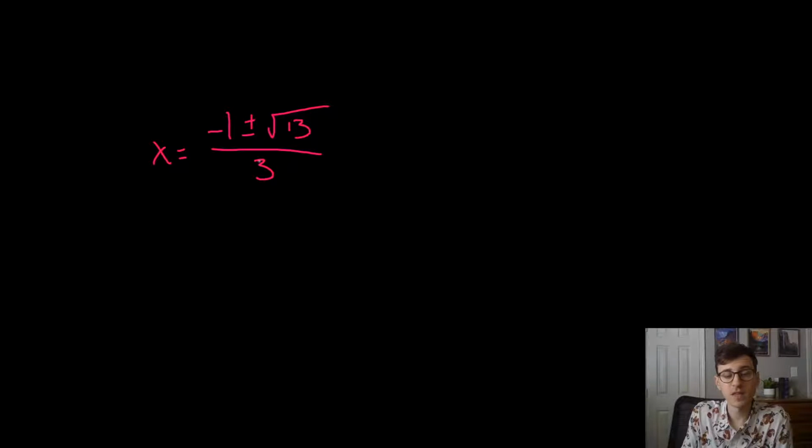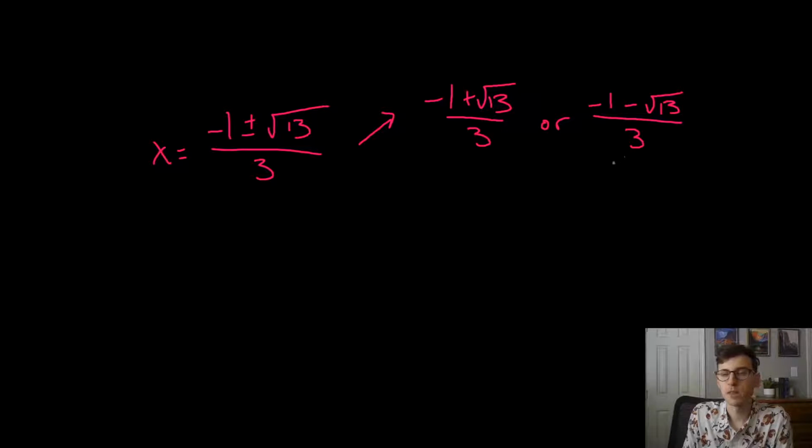If you have something like this, we'd still split it into 2: negative 1 plus the square root of 13 over 3, or negative 1 minus the square root of 13 over 3. We can't simplify the square root of 13, so either just leave it like this or type it in your calculator to get a decimal. So that's one kind of anomaly.